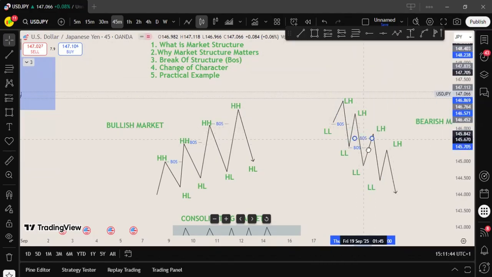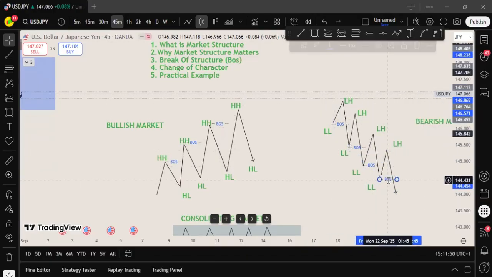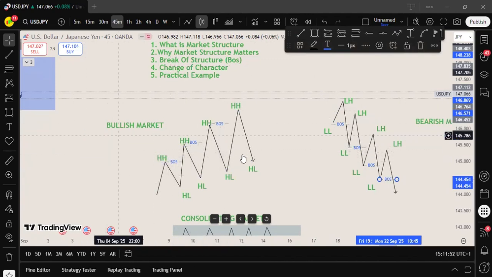Break of structure, when the market breaks a previous lower low, is for a bearish market, so please don't get confused. For a bullish market, you will see the market breaking the previous high it made. If the market wants to go up, it will break structure, retrace, break structure again, creating a series of higher highs.